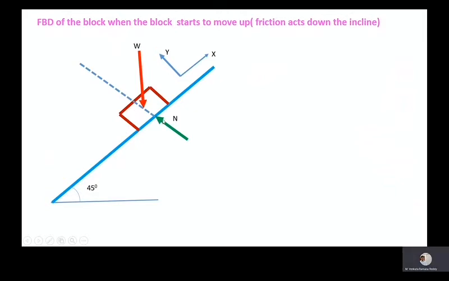As we know, if the incline is making an angle of 45 degrees to the horizontal, then the weight force acts at an angle of 45 degrees with the normal. Here the applied force P is horizontal. That means this force P is making an angle of 45 degrees with a plane parallel to the incline.